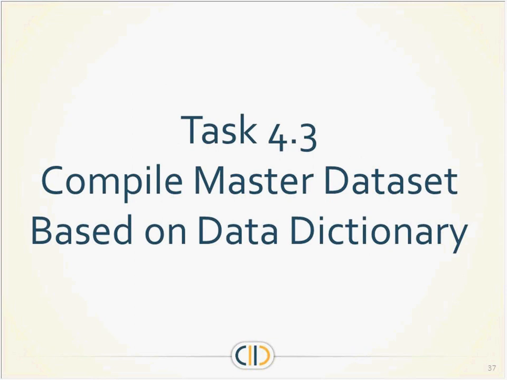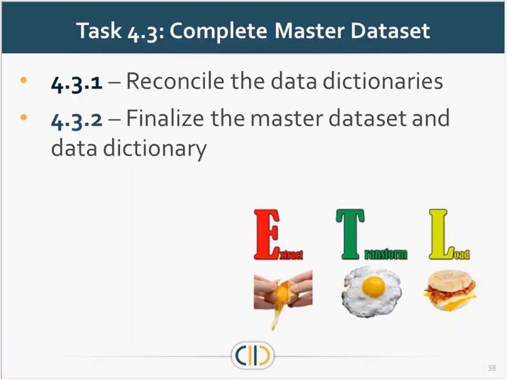So task 4.3 is to compile the master data set based on the data dictionary. I've got this ETL, extract, transform, load. It's a little bit late for most folks for breakfast, but here's a little visual on what extract, transform, load means. So with that, it's reconciling the data dictionary, so capture all of the information, all of the decisions and updates that will impact the input systems, and then finalizing the master data set and data dictionary.